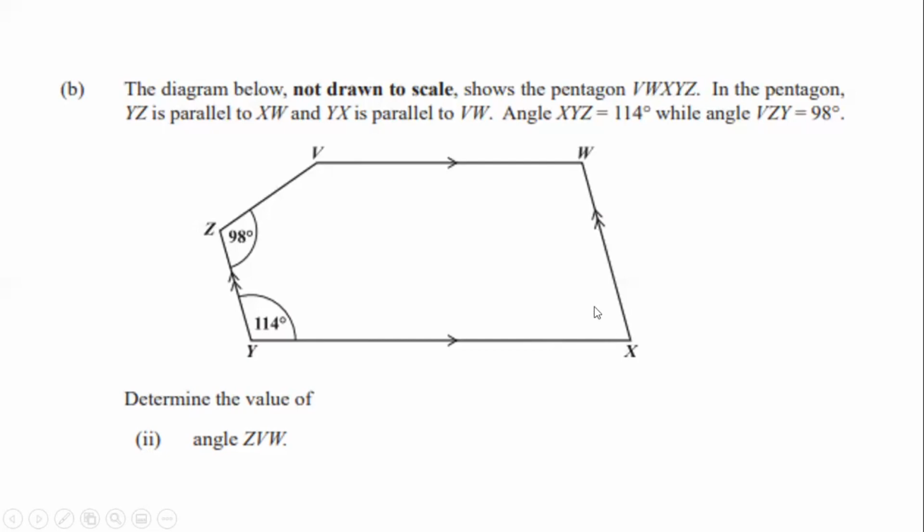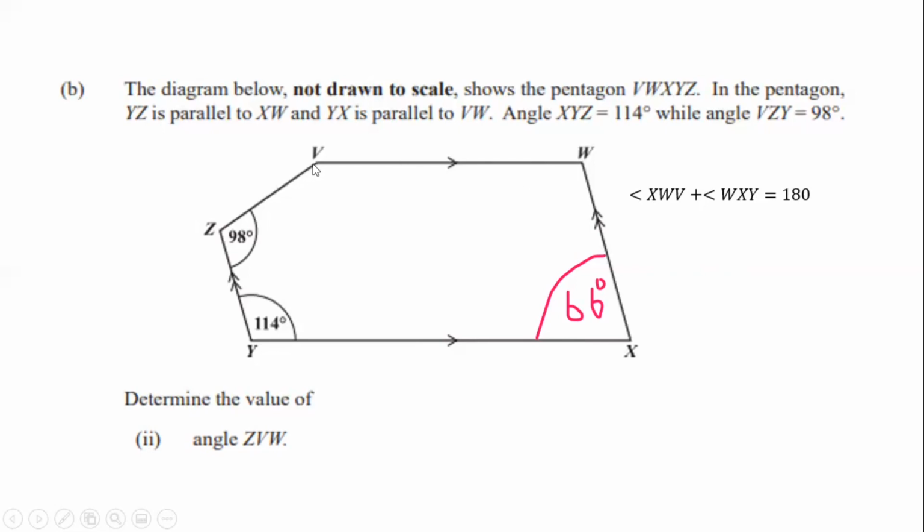What we know is that we just calculated the magnitude here at X, which was 66 degrees. With this being 66 degrees, XWV and WXY, which we just calculated, add up to 180 degrees, as we're considering these two angles to be co-interior angles.